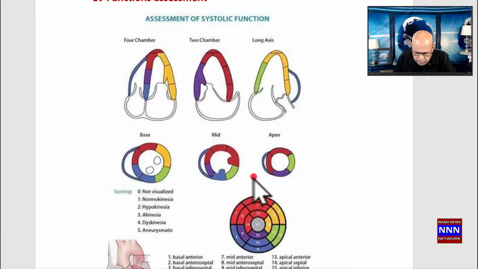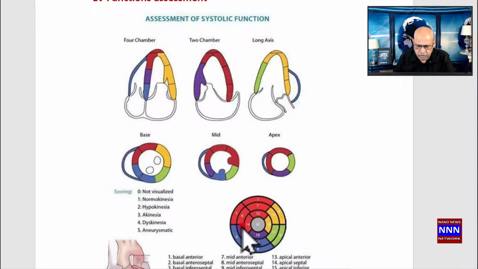So this represents the anterior wall, this represents the septum, this represents the inferior wall, and this represents the lateral wall. Of course, it is anterolateral and infralateral, inferior, inferomedial, inferoseptal, anteroseptal, and anterior wall.